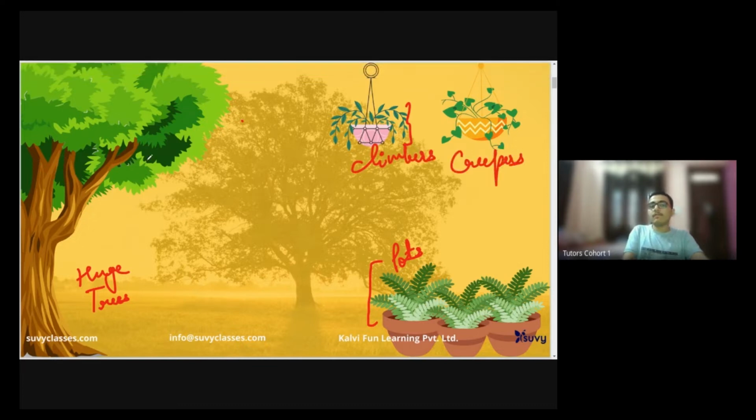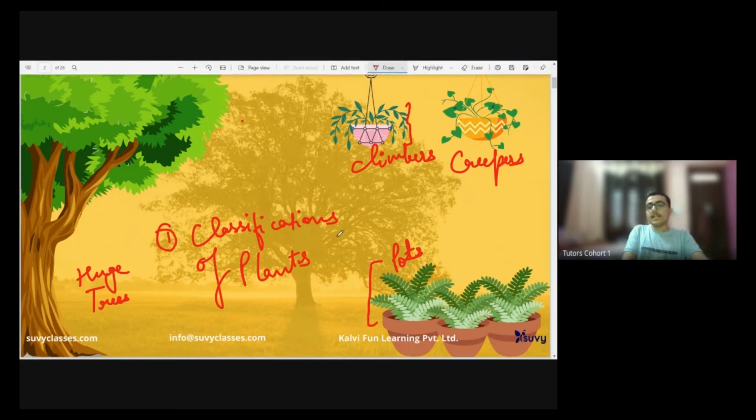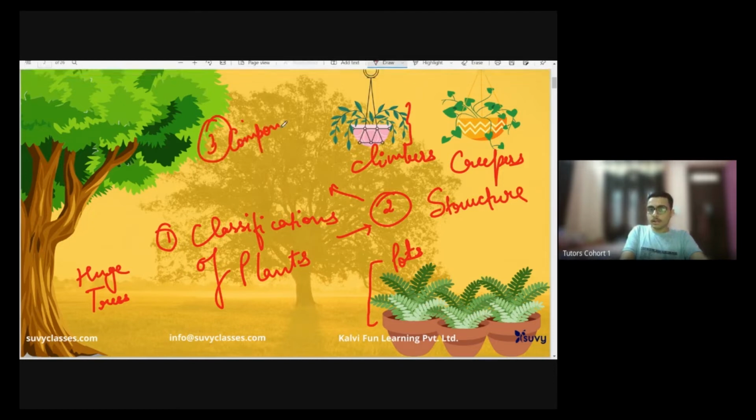Since we are studying the types of plants in detail, we'll first cover the classification of plants. Secondly, after this classification, we shall go for the structure of plants. After this, we should not neglect the components of plants, and it is always necessary to know the functions and locations of various parts of plants.